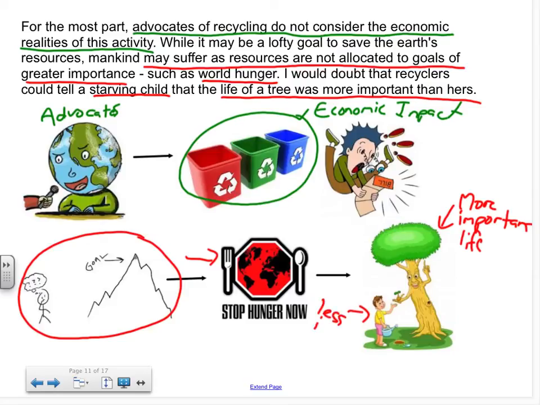So I'm just writing more important life for the tree and less important life for the child. So that's what the passage looks like.